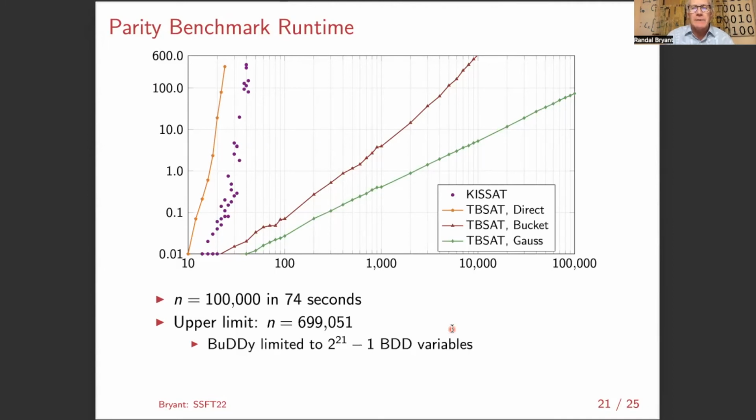699,051. And that sounds like a rather curious number, but when you go one beyond that, you overflow the bit representation in Buddy for the BDD variables.